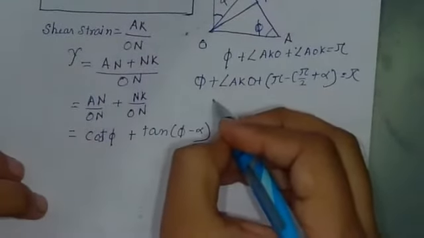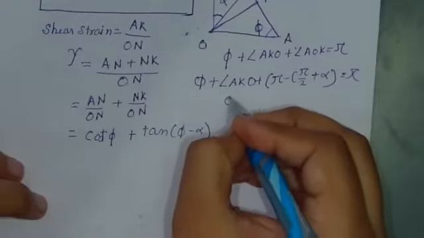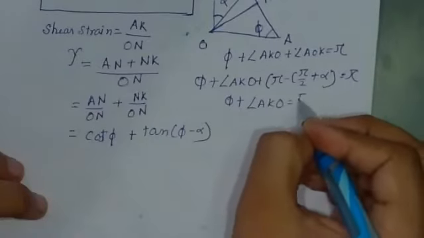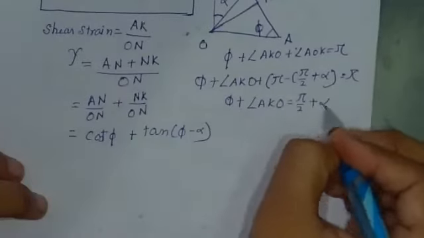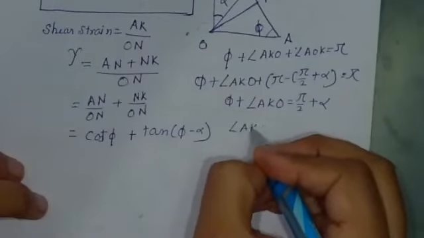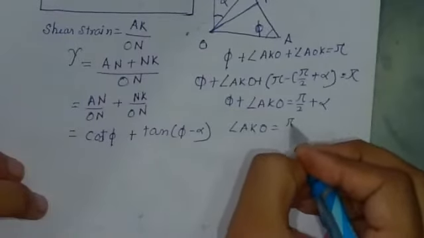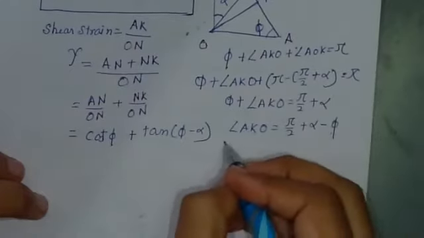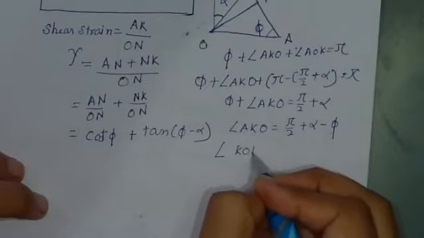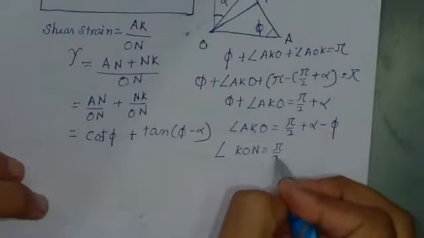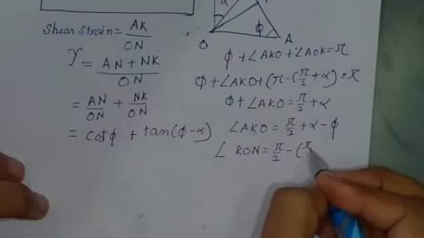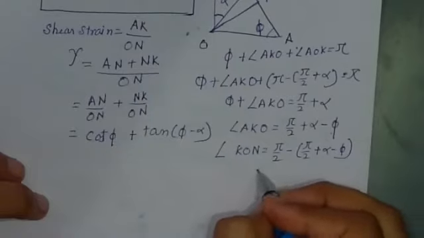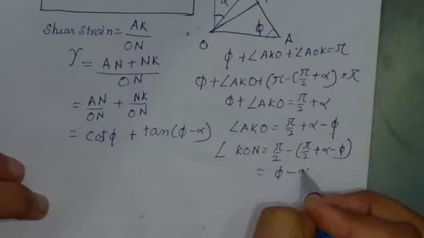So we can further write it like phi plus angle AKO is equal to pi by 2 plus alpha, or angle AKO is pi by 2 plus alpha minus phi, or again angle KON will become pi by 2 minus pi by 2 plus alpha minus phi. That is also equivalent to phi minus alpha.